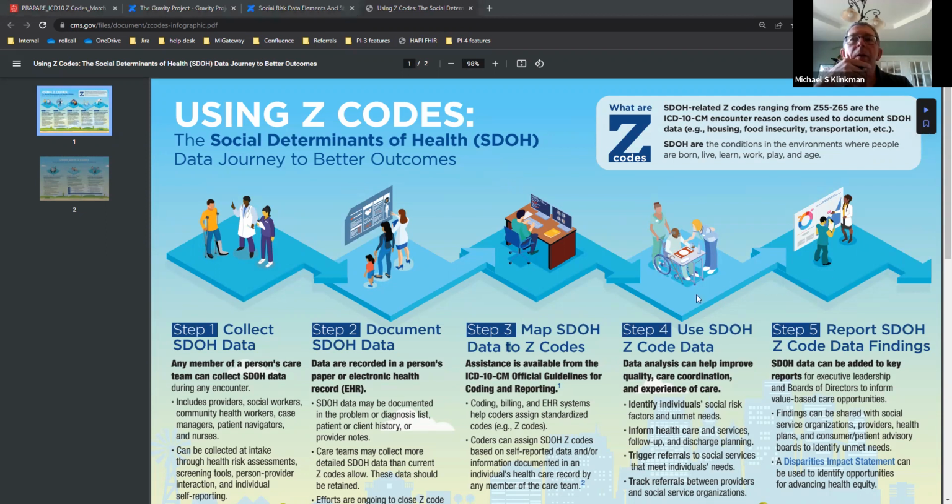What I can tell you is that the intent of the Gravity work and other collaboratives' work is to reduce the restrictions on who can call out social problems, so that in an ideal world, if a Z code was a good way to capture that on the medical side, that would also be translatable to a community information exchange and be used as the problem for which a request for interventions could be made.